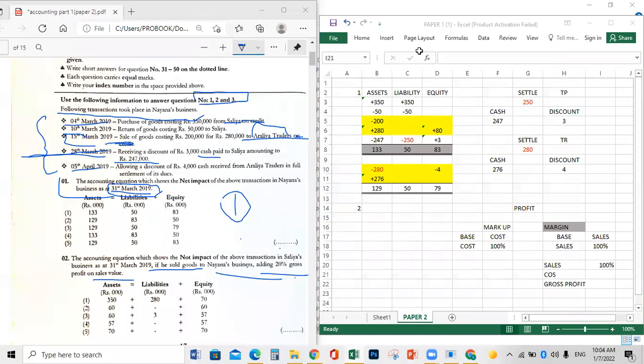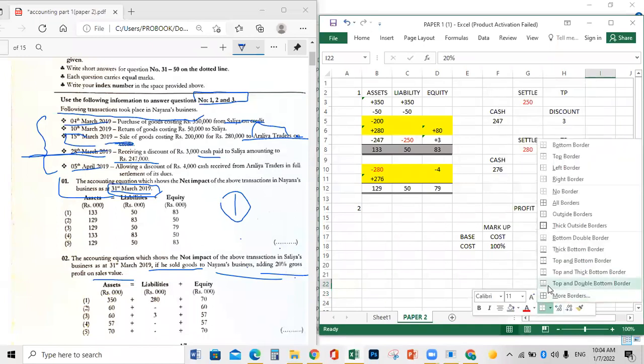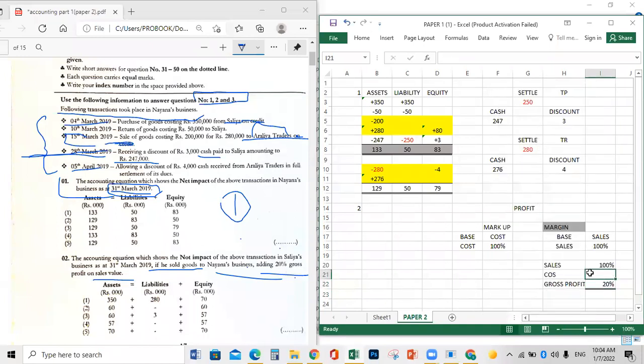Guys, if sales is 100% and they say the gross profit is 20%, what is the percentage of cost of sales? 80, because sales minus cost of sales gives you profit. So that means your cost of sales will be 80.